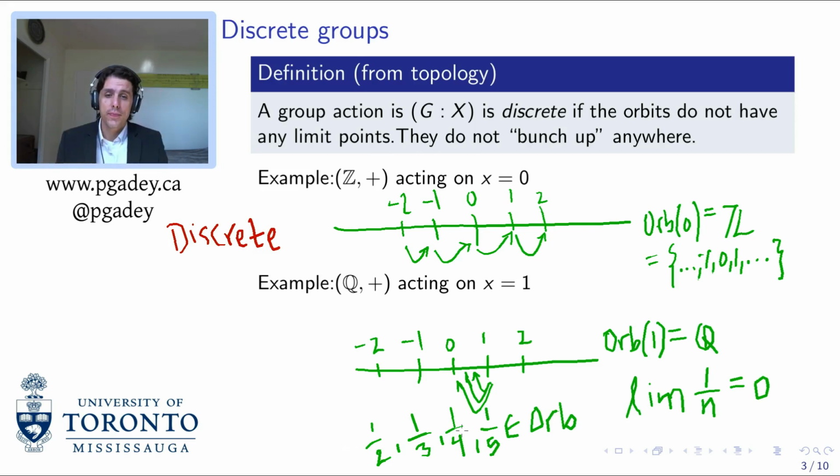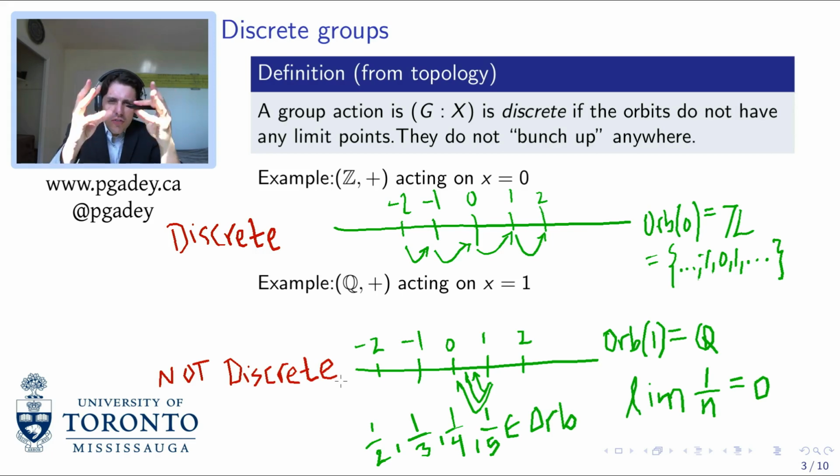They sort of clump up there. In fact, the closure of the rationals is the reals. So this orbit clumps up not just at 0, it actually clumps up at every single point in the real numbers. So this is a group action which is not discrete, because the orbits get very, very close to lots of different points.